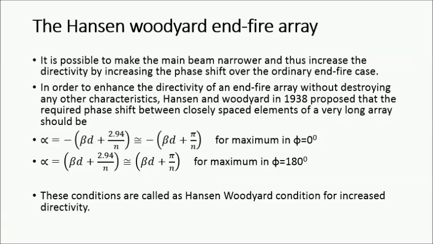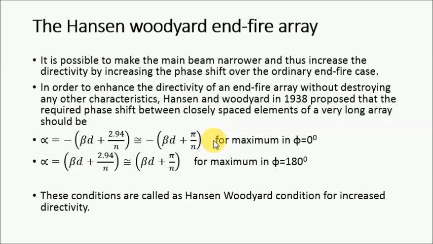Now we have seen the ordinary end fire arrays, for which the progressive phase shift alpha is equal to minus beta d or plus beta d, and the angle is phi equal to 0 degrees or phi equal to 180 degrees.